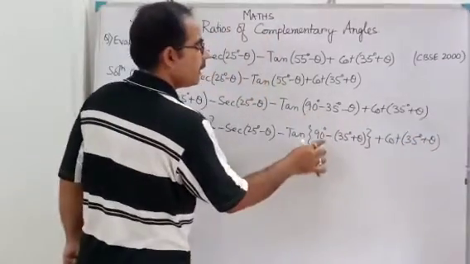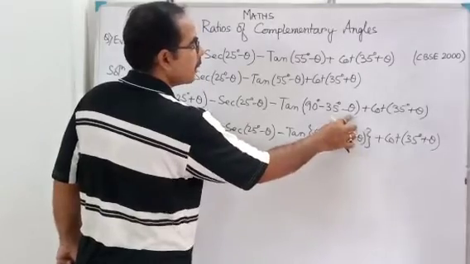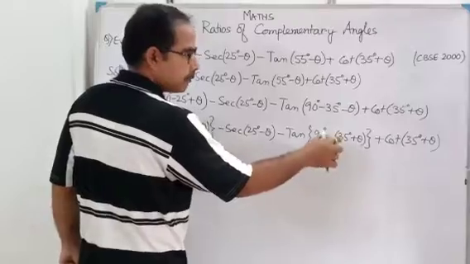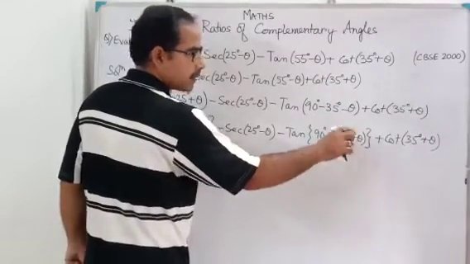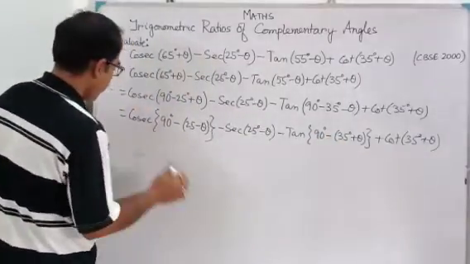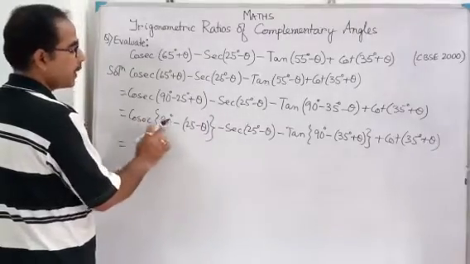Look here, 90 minus 35 minus, plus a minus theta, no change at all, but I have written it in a different way, so that I can assume this 35 degree plus theta as a new theta. Now this one will be what? If 90 minus theta, cosec 90 minus theta means what?